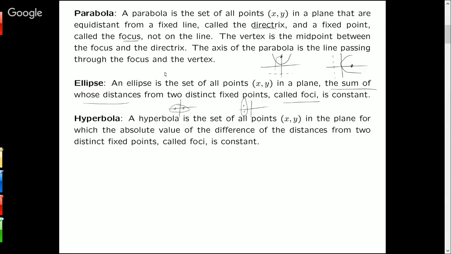Ellipses are actually used in buildings and stuff like that, because if you want to make the sound project to a certain point, you can use an ellipse to do that.